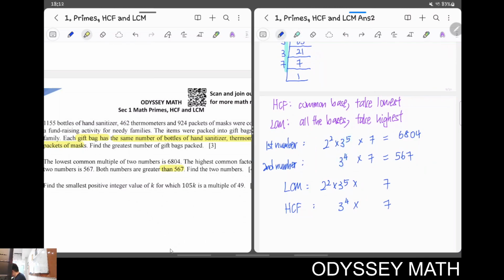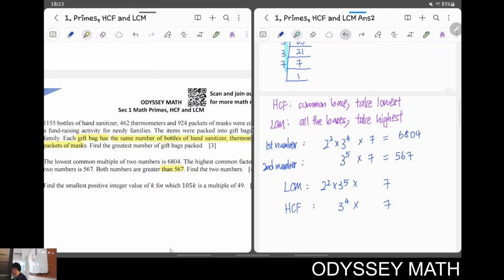So instead of this being 3 to the power of 5, I write it as 3 to the power of 4, and instead of this being 3 to the power of 4, we write it as 3 to the power of 5. Because it's a guessing game, you will realize that it still makes sense. Let's go through the HCF. Both have a common base, so we take the lowest, 3 to the power of 4. It fulfills. And then the LCM, all the bases take the highest, so just take 3 to the power of 5.